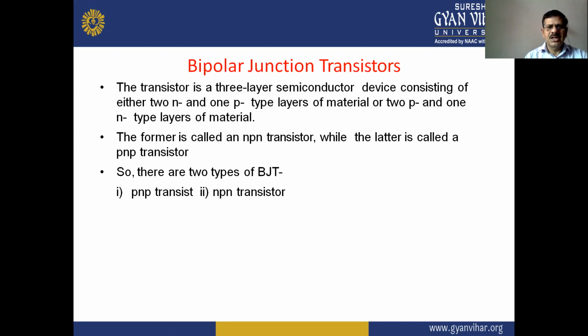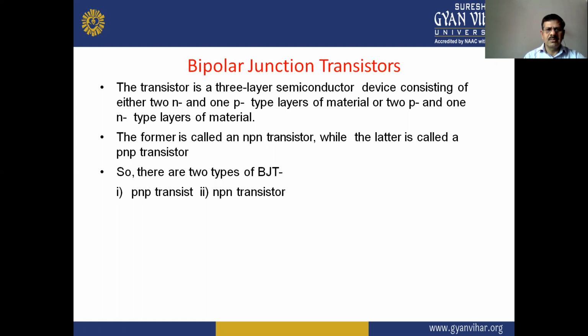So the BJT works for amplification purposes. This device consists of either two N and one P type layers of material, or two P and one N type layers of material.